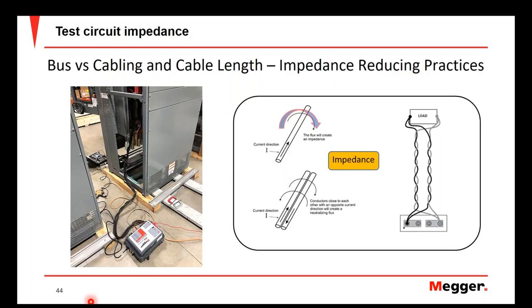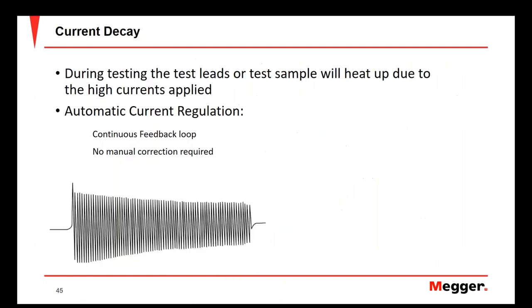What that impedance will do is not allow you to push as much current to the specimen as you think you are. So what you need to do is move the cables close together and, wherever possible, twist these cables together to provide that effect in both directions, neutralize that flux effect, and negate that impedance influence on that circuit.